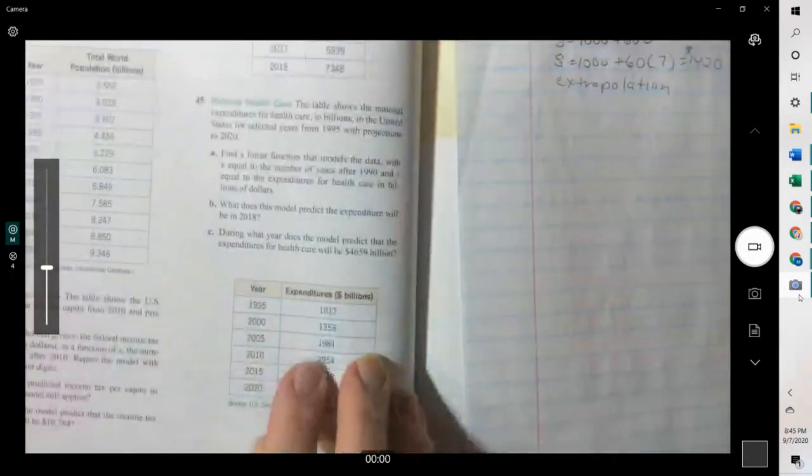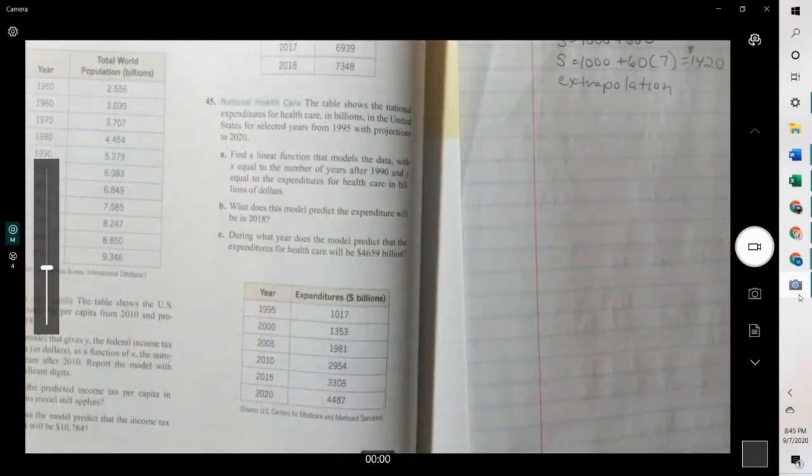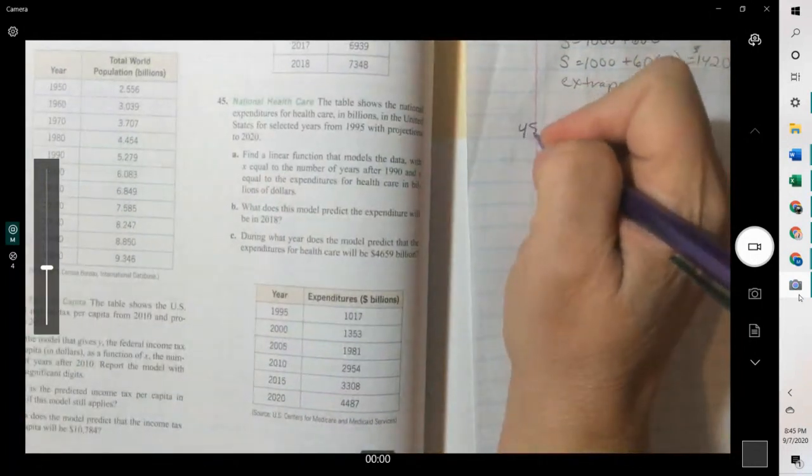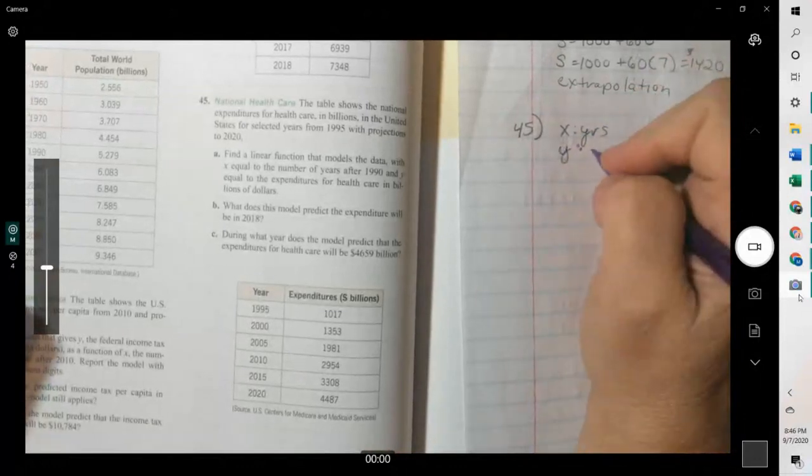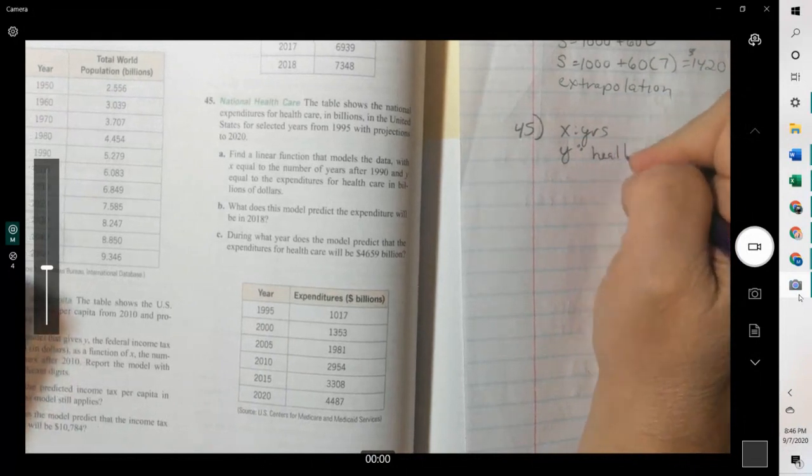Now it asks us to find the linear equation, where x is years and y is healthcare expenditures in billions of dollars.